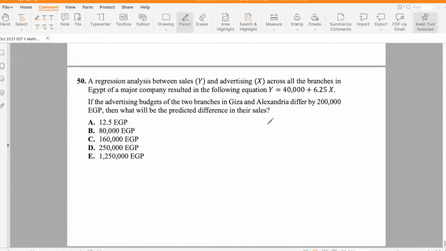Okay, so y1 minus y2 will simply be 6.25 times x1 minus x2 because the 40,000 is a constant, it will cancel out. So 6.25 into 200,000, right? So let's just plug that in. So that's 1.25 million Egyptian pounds. So that's option E.